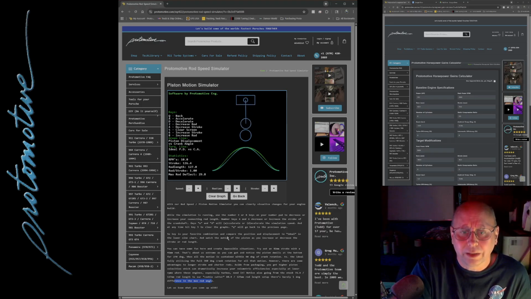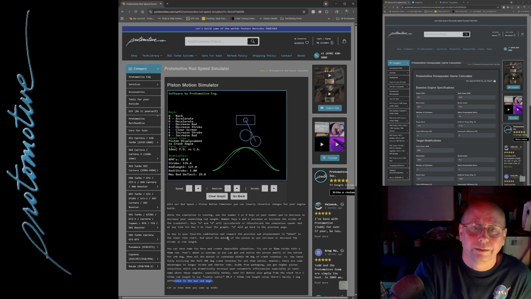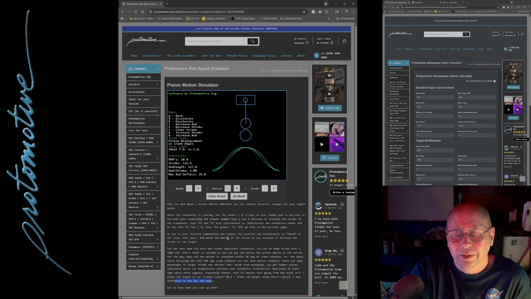I had actually talked to him at one point when we started doing our stroker cranks. And like everyone in Porsche land, I was afraid of rod and stroke length ratios. And he was telling me that they're getting 135% VE, and 135% VE is similar to running 5 to 6 psi of boost on a naturally aspirated engine.